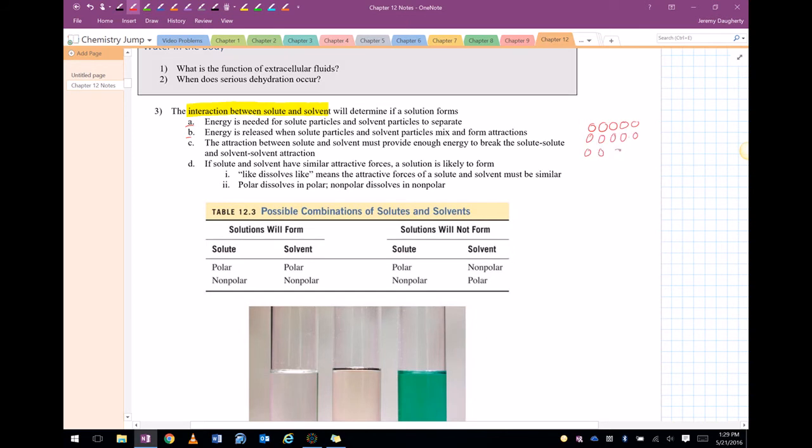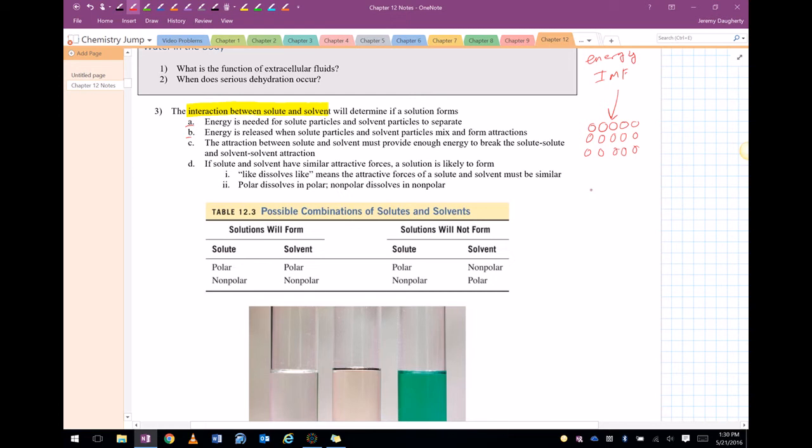When I drop this solid into water, the first thing that has to happen is we have to separate those particles from each other, which means we have to weaken the intermolecular forces. If it's an ionic compound, we have to weaken the ionic bonds. So that's the first thing. We need to put energy into the system to separate those particles.